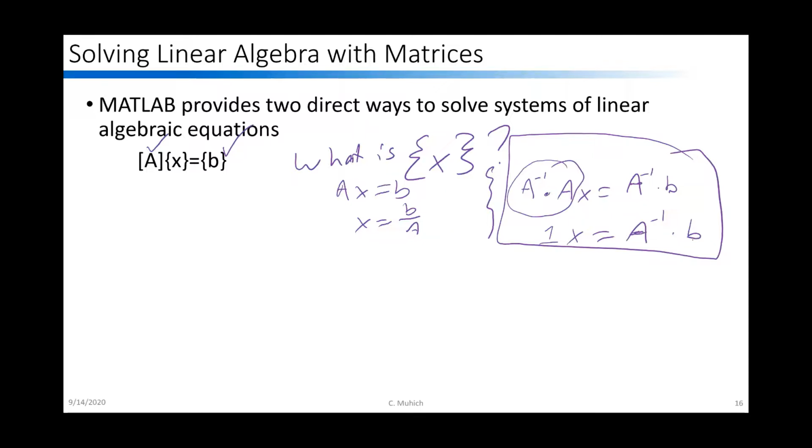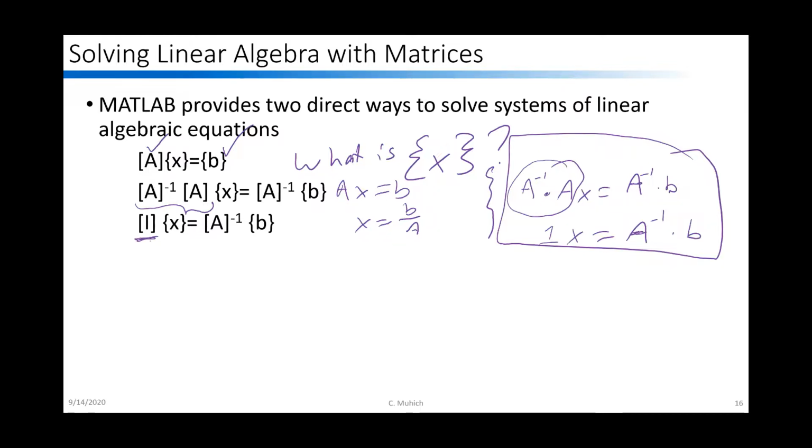So we can do the same thing now with matrices. I can take the inverse matrix A times matrix A times x equals A negative 1 b. Remember that when I take these two matrices and multiply them together, an inverse times itself should give me the identity matrix.